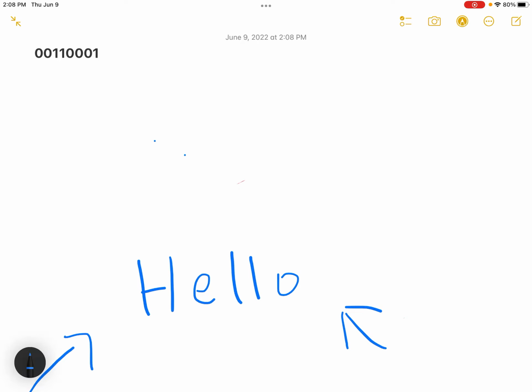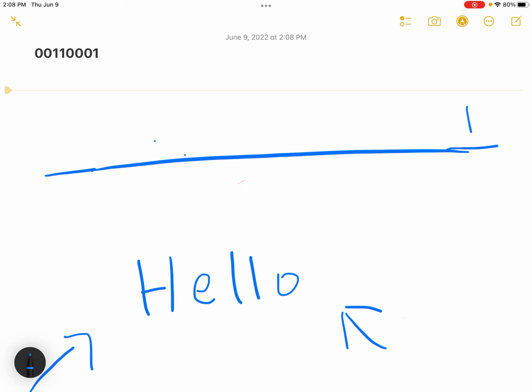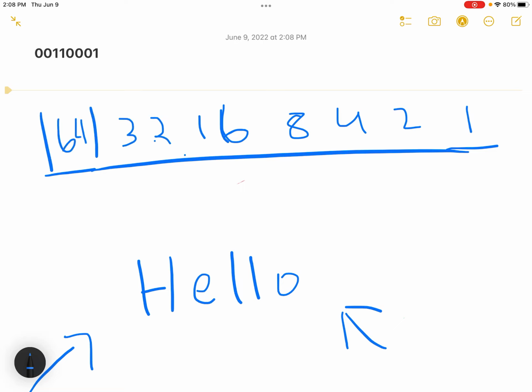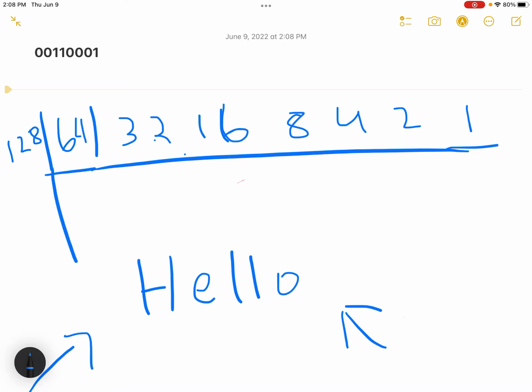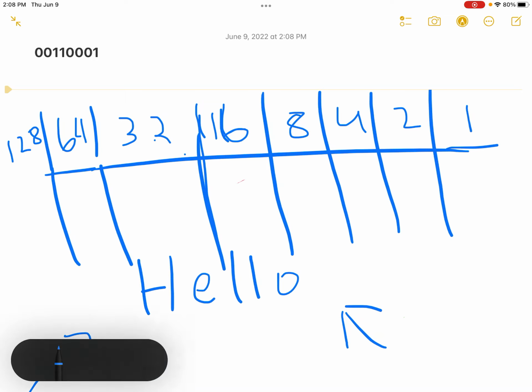The pattern is the place value of the 8 binary digits: 1, 2, 4, 8, 16, 32, 64, and then 128.